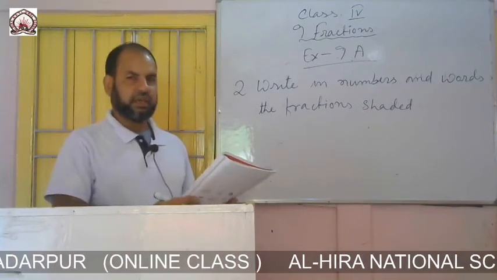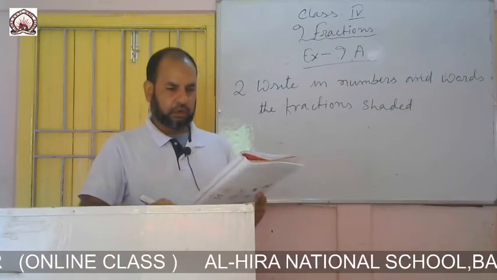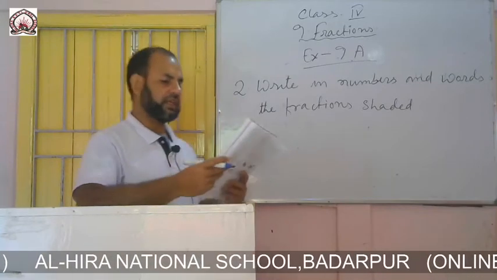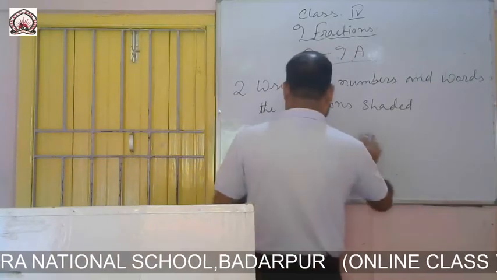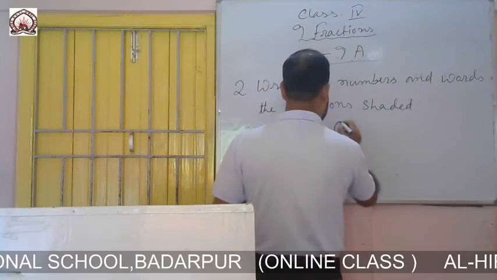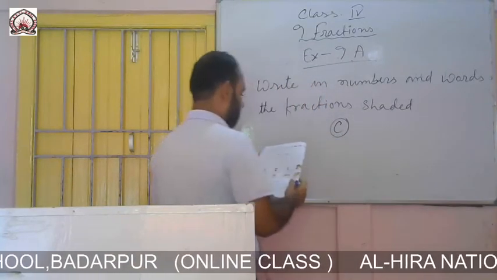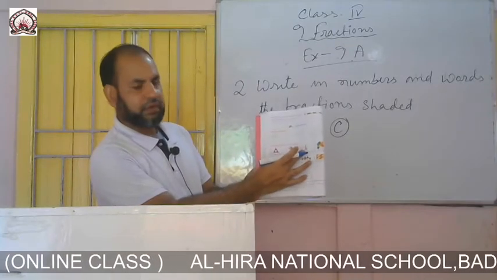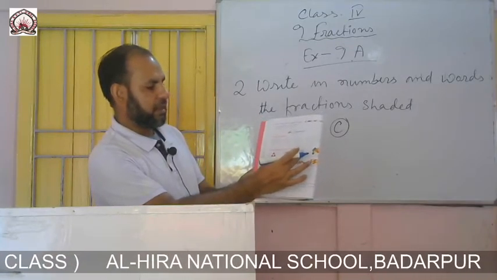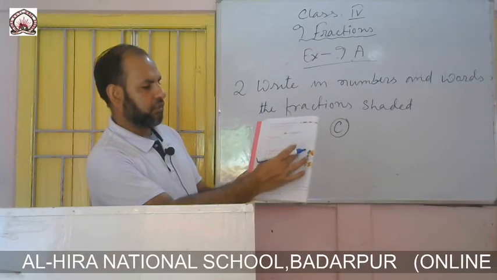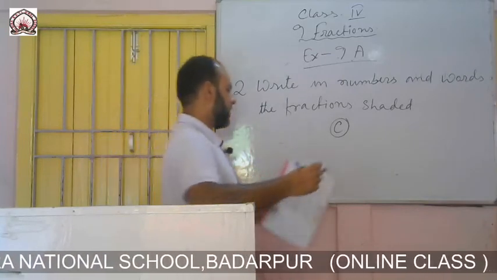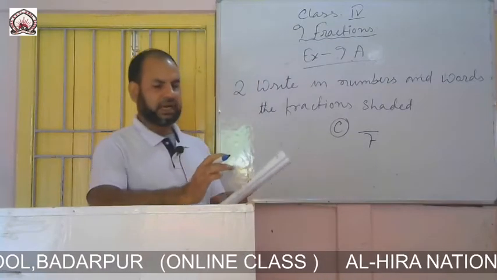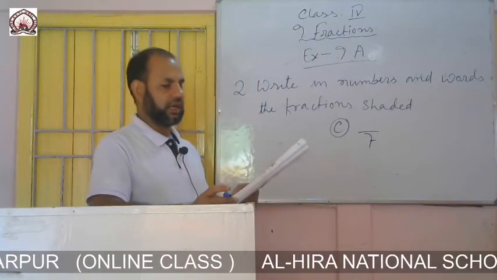Next, question number C. All of you take out your book and open page number 72, then you get the picture. Total number of parts are there 7. 1, 2, 3, 4, 5, 6, 7 parts are there. Out of 7 parts, 1, 2, 3 are colored.